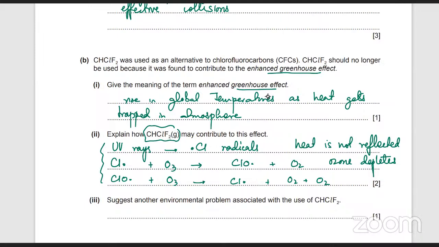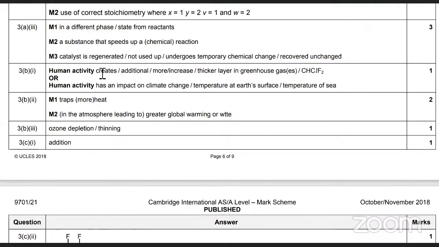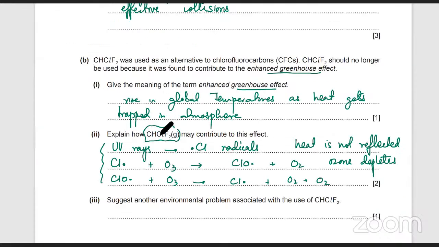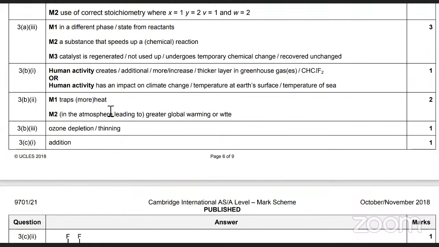What he means by enhanced greenhouse effect is that it's human activity, because it's enhanced. There's a natural greenhouse effect. The enhanced greenhouse effect is caused by human activity, so there are additional thicker layers of greenhouse gases caused by human activity. The second part, where he wanted you to explain how it might contribute: it would increase the temperature, trap more heat, and lead to global warming.